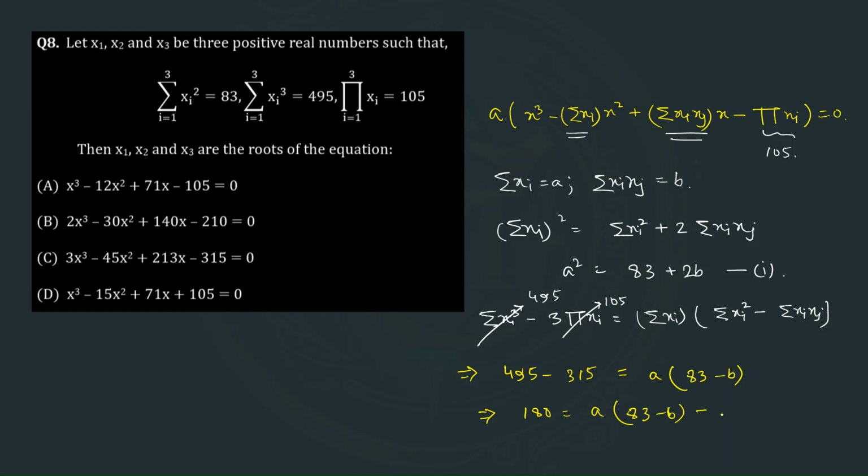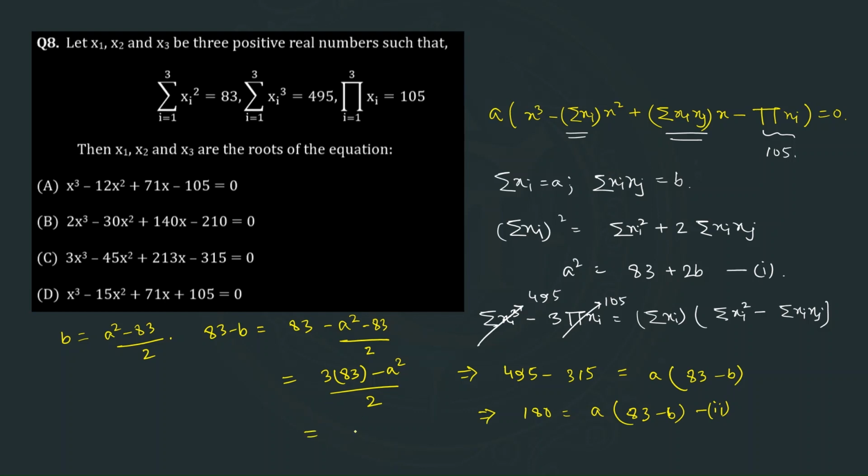Now from these two equations we need to find the values of a and b. So how can we find them? Let us put the value of b from here. So b is a square minus 83 divided by 2, and from here we get 83 minus b will be equal to 83 minus (a square minus 83) whole divided by 2, which is equal to 3 times 83 minus a square divided by 2.